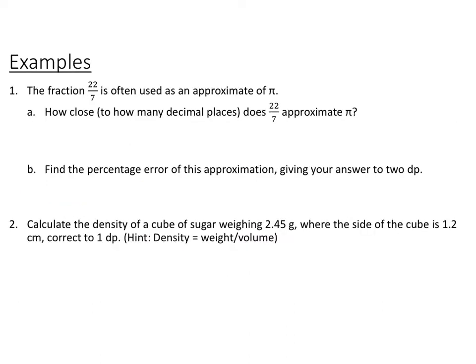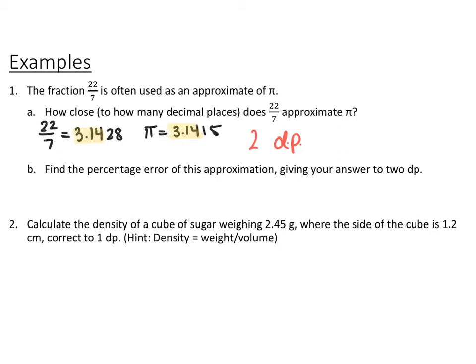So some examples of this: the fraction 22/7 is often used as an approximation of the constant pi. So first we want to look at how close, or to how many decimal places, 22/7 approximates pi. So go ahead and plug 22/7 into your calculator and plug pi into your calculator and see how close they are.